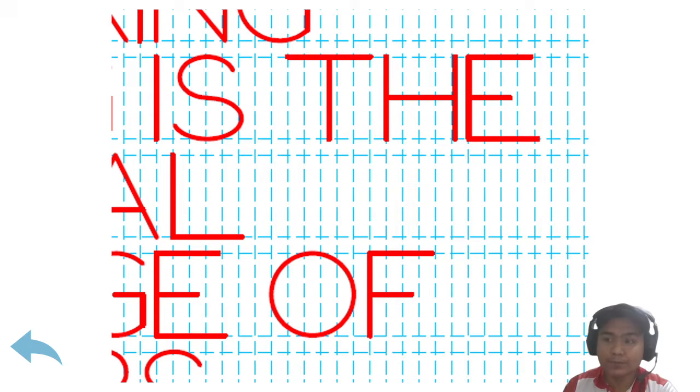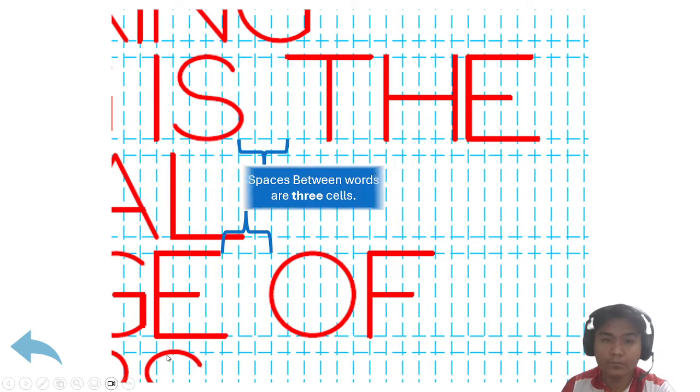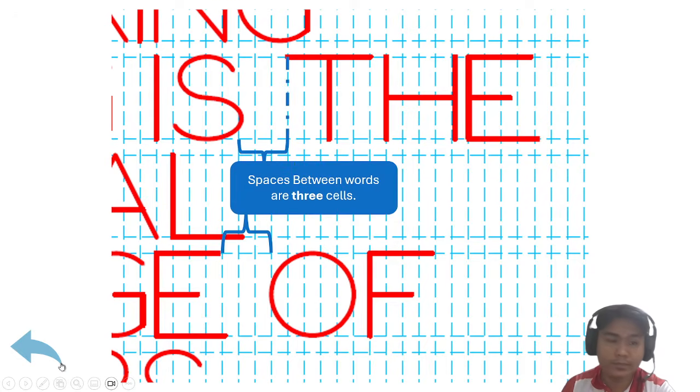As per the BIS standard, the spaces between words should be 6/10 of the height, or in short, 3/5 of the height. We're going to convert that 3/5 into our scaled grid lines. That means that our space between words should be three cells.